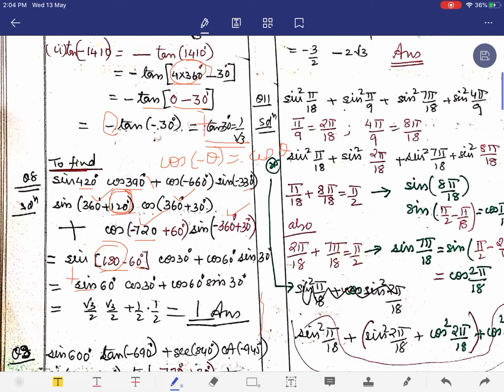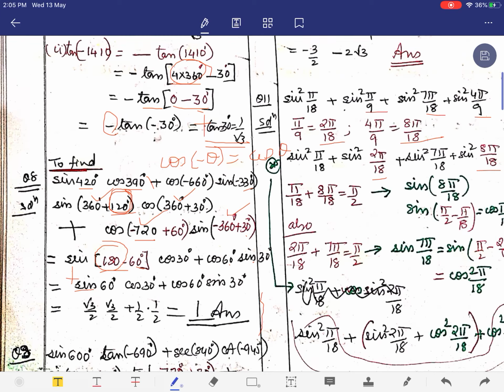We first find that each of these angles can be expressed over 18. Pi on 9 is 2 pi on 18, and 4 pi on 9 is 8 pi on 18. So this is now reduced to 2 pi on 18, and 4 pi on 9 is reduced to 8 pi on 18.